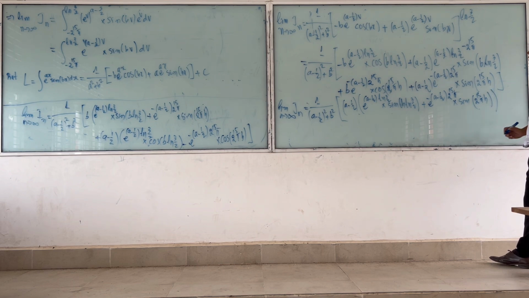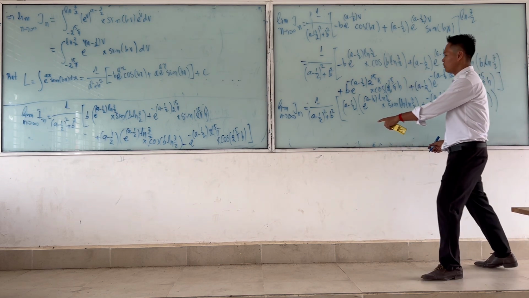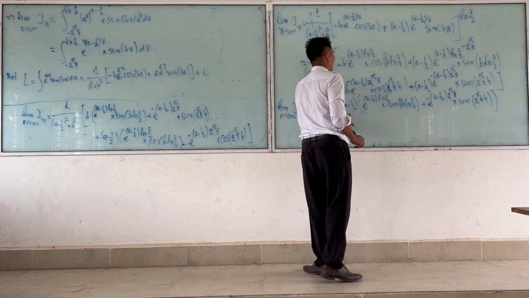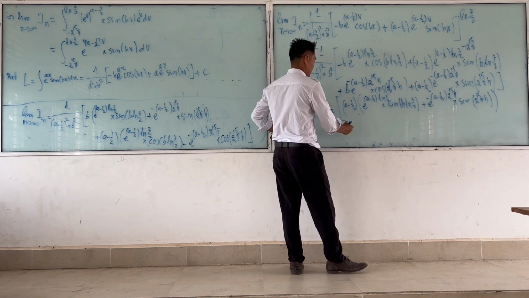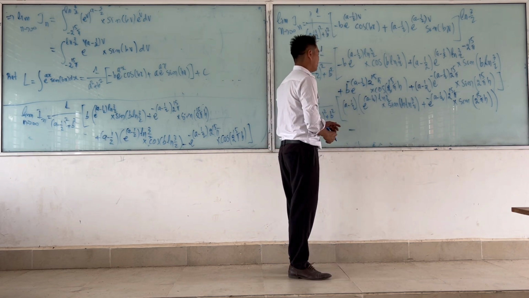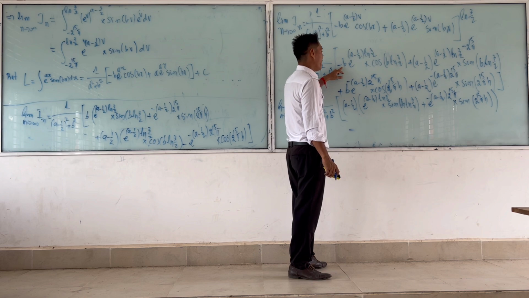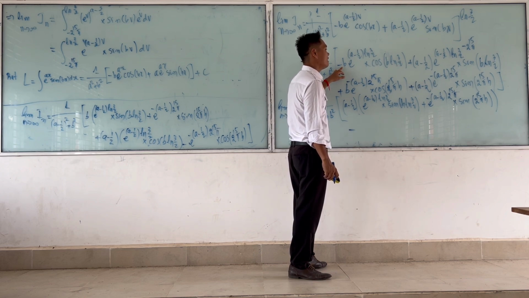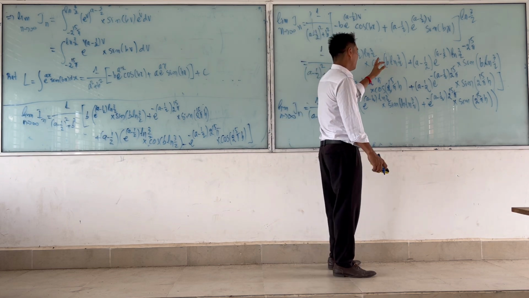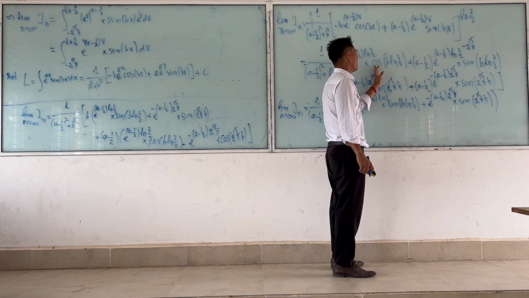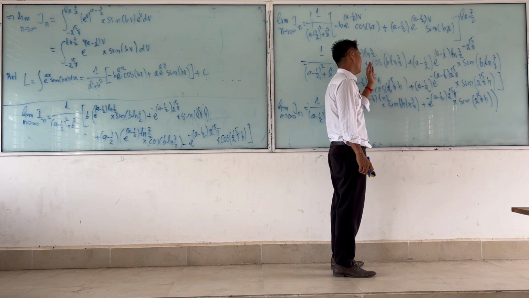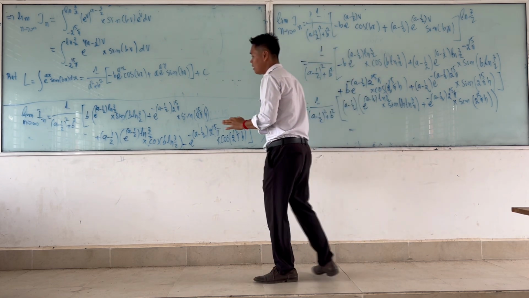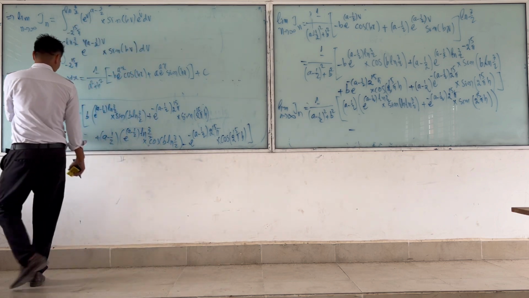Yes, this is the term related to a minus 1 over 2, and another thing, the term related to b. So I have to factorize negative b, because you know why? I want to get the same term as in the limit as n goes to infinity of In. The term related to cosine b, you can see here again. That's why I don't omit this one.